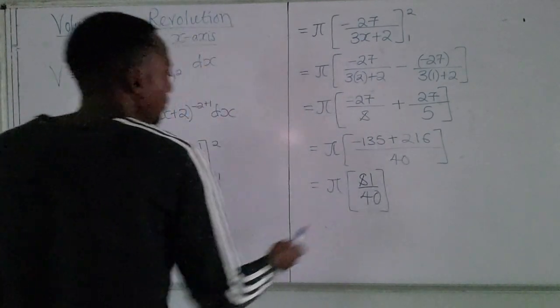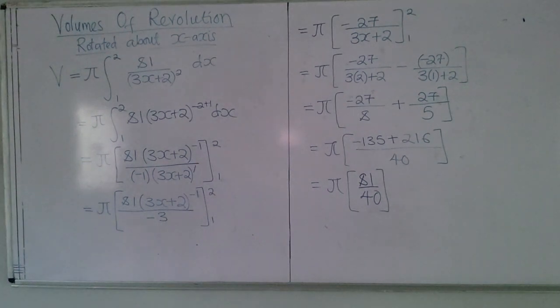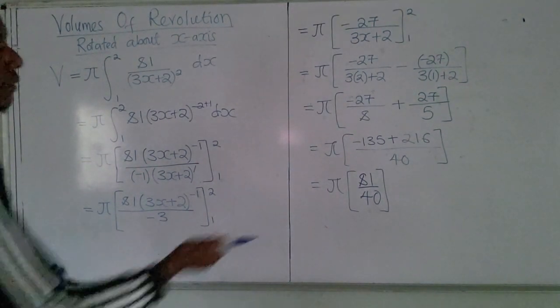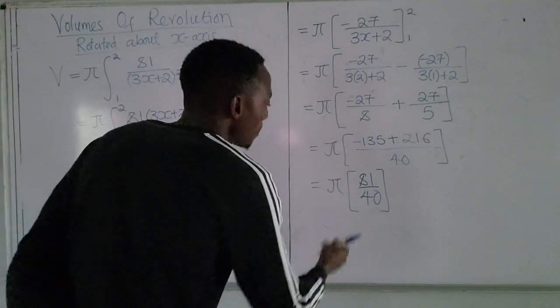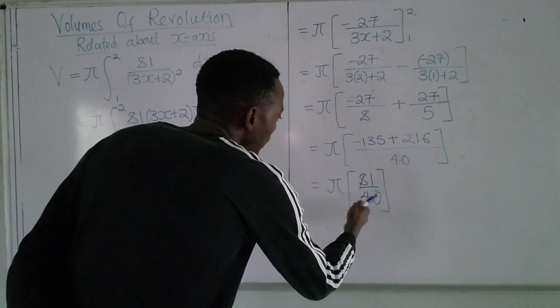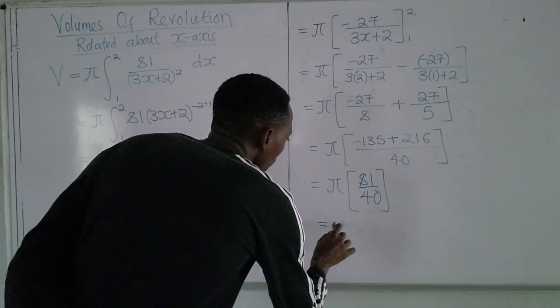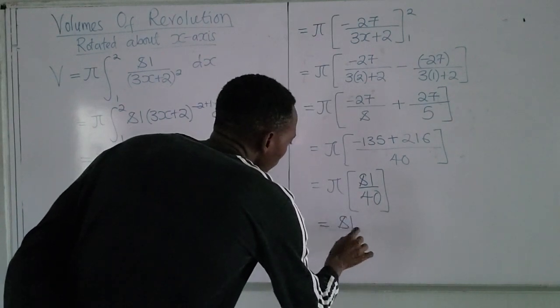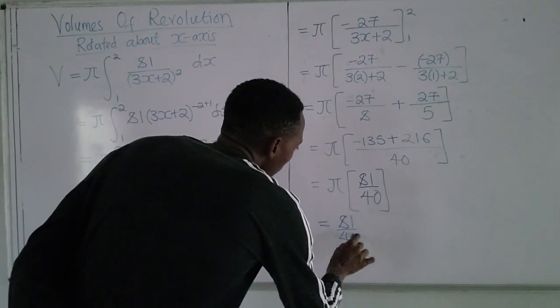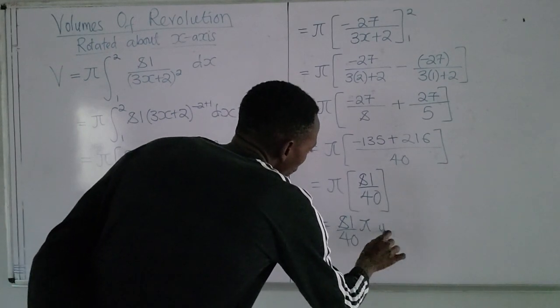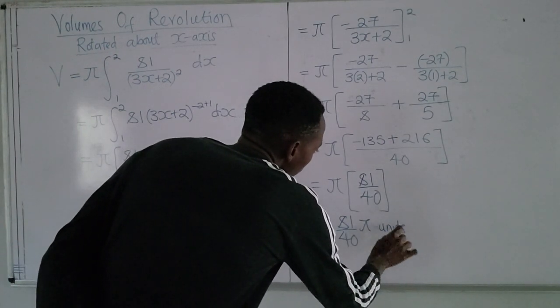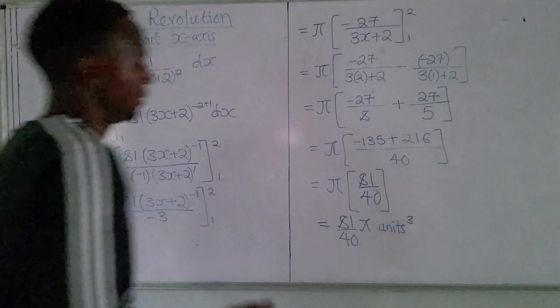If you are using a calculator, you can easily divide to get decimal numbers, but since we have no common factors, we can leave it as it is, so it will be 81 over 40 pi units cubed, since this is volume.